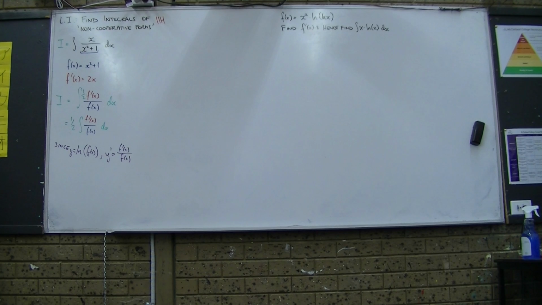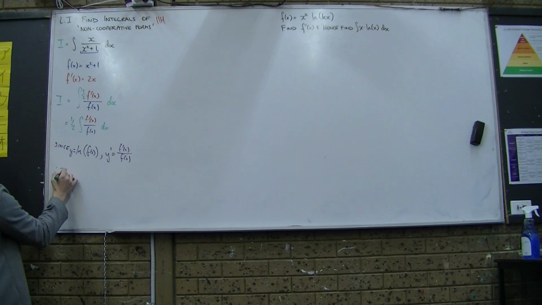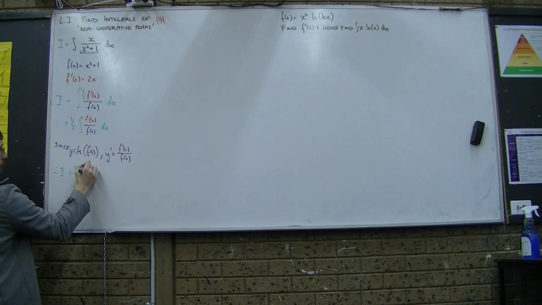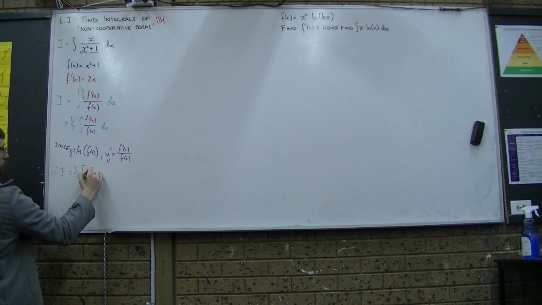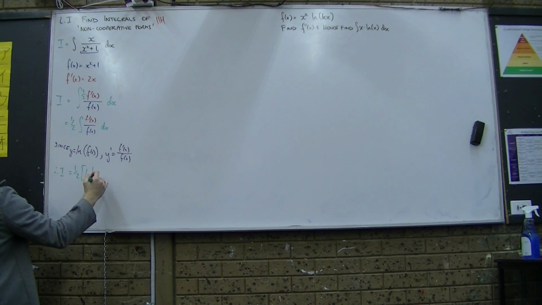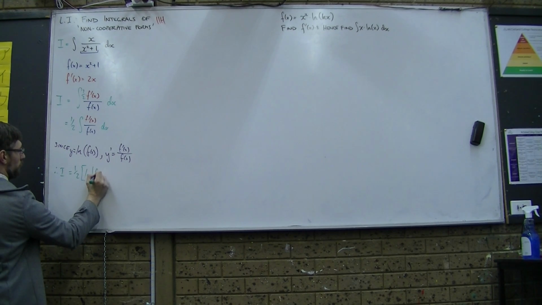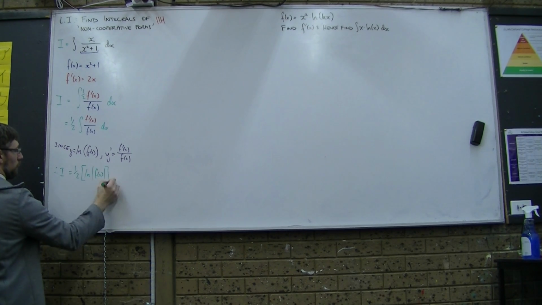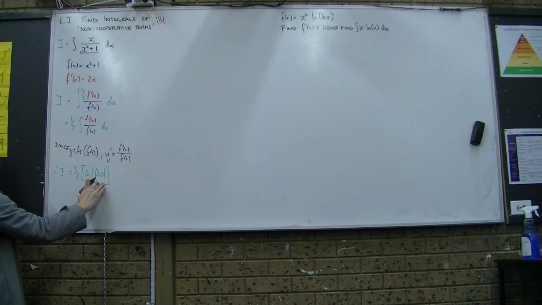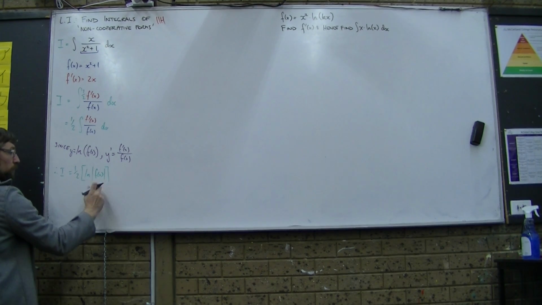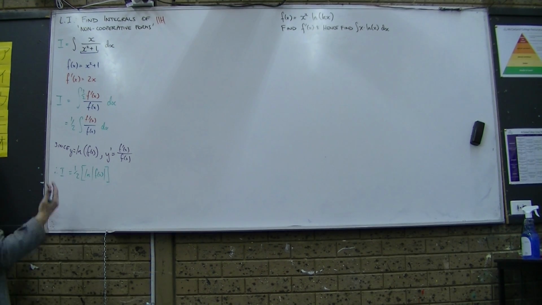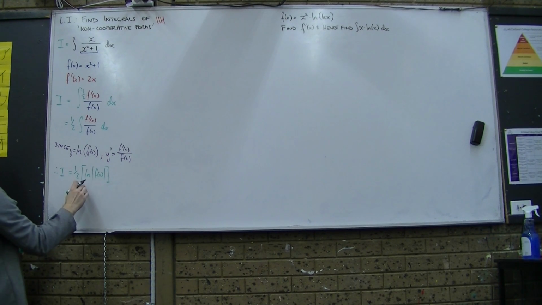Since that's true, if I'm going to integrate, this just integrates, so it equals a half of ln of the absolute of f of x, like that. Now, because it's methods, you don't have to use the absolutes. If you're in spec, you must certainly do. But no. Cool, so we've got this, great.